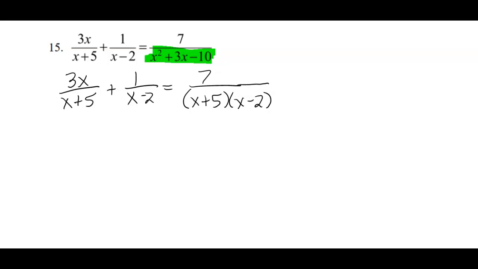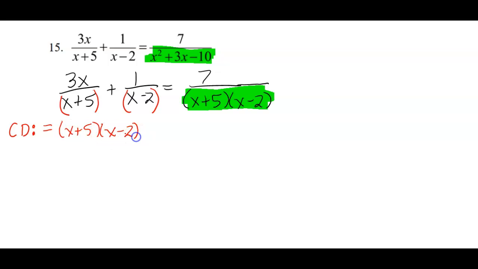Okay, as always, I should group my quantities, so I'm doing that now. Looking for the common denominator. Okay, all unique factors. What I'm seeing is this factored into x plus 5, x minus 2. So I know that's got to be part of the common denominator. So let's say x plus 5, x minus 2, and then let's check.